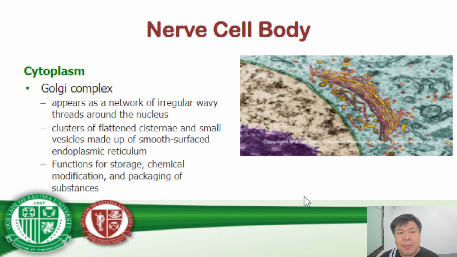So, once magawa ng nucleolus yung protein, or once magawa ng Nissl bodies yung proteins natin, dadalhin nila yan kay Golgi Complex para ma-modify, ma-store, at ma-package po ni Golgi Complex yung mga substances na specifically yung proteins na pinoproduce.